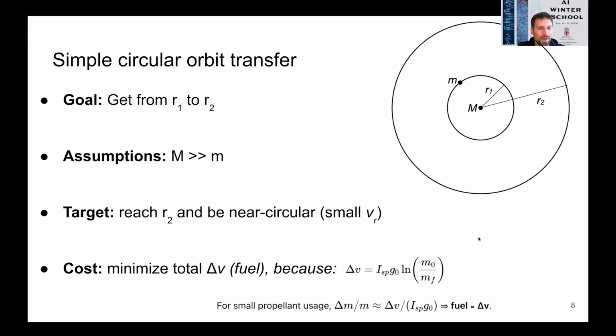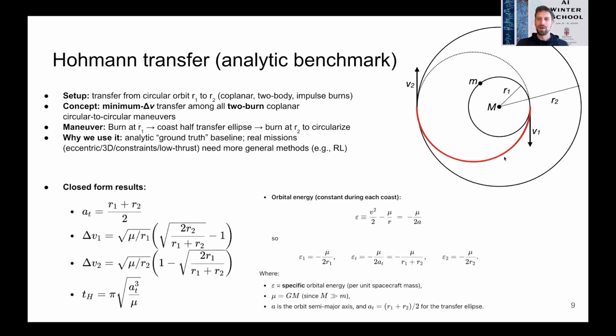So again, the takeaway from this slide is we've got a really simplified case, and then we're going to be using delta V as our constraint that we want to minimize for our orbital transfer from r1 to r2, and delta V is basically our fuel use.